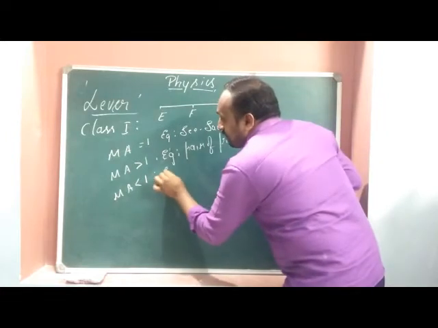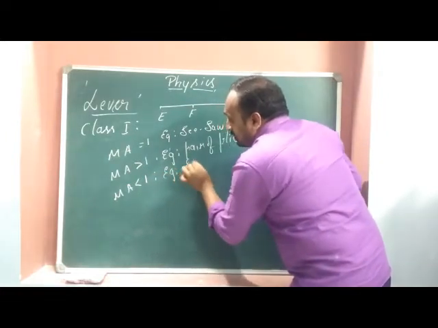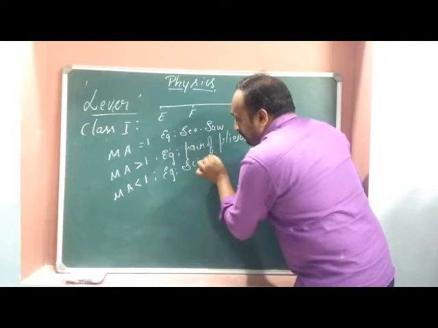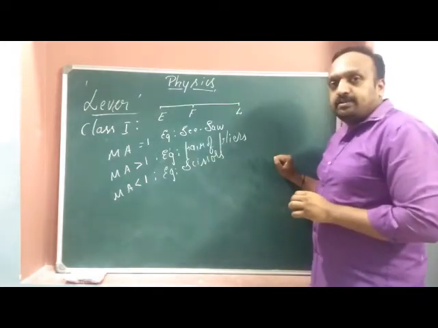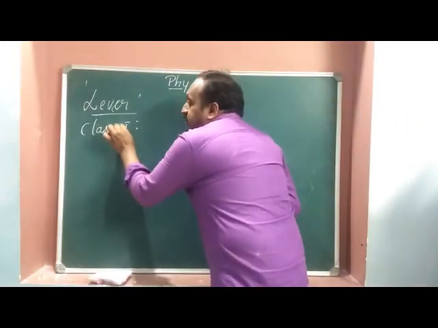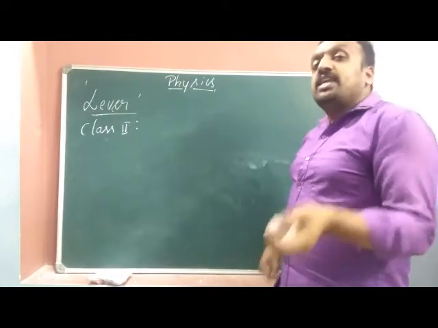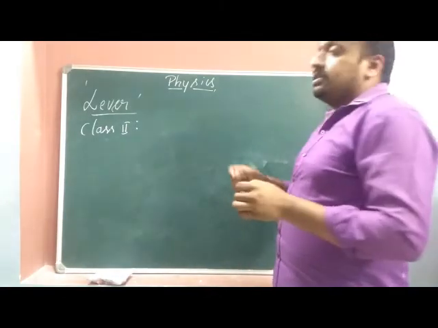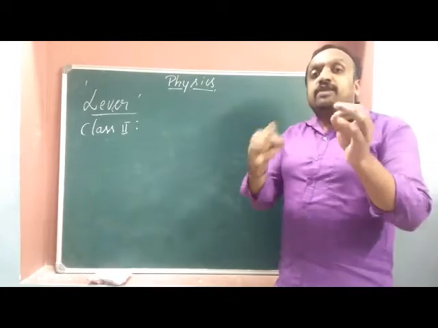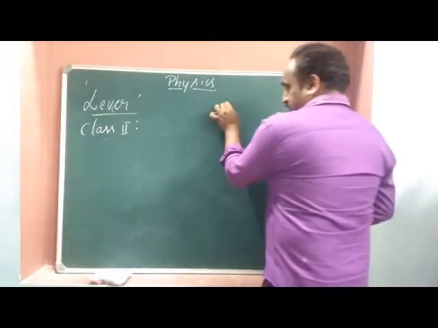Less than 1, example scissors. Clear? Now class 2. In a class 2 lever, the load comes between fulcrum and the effort.